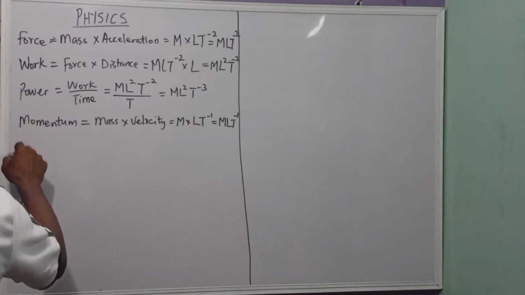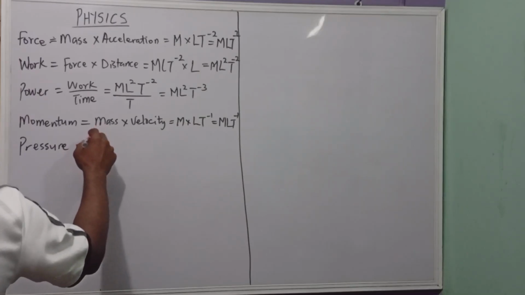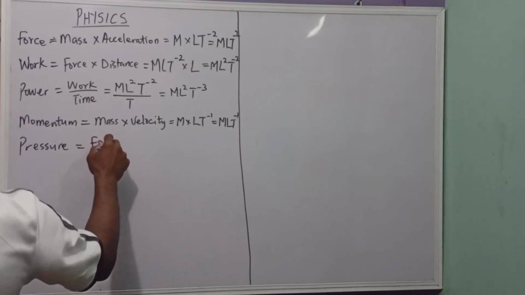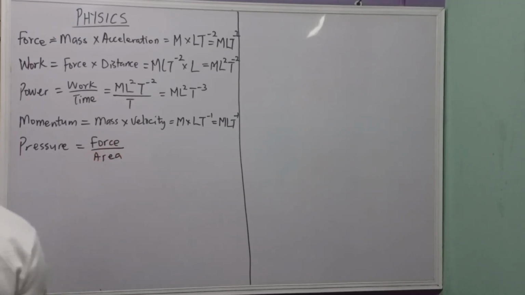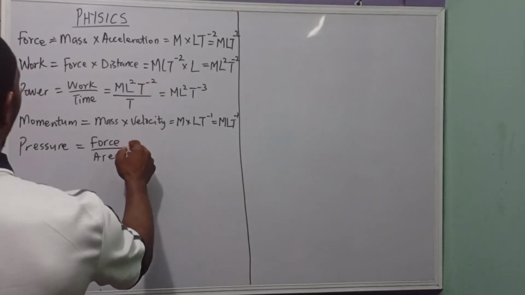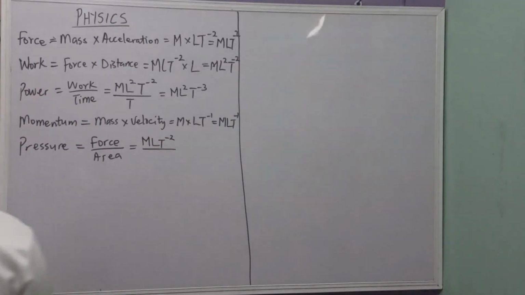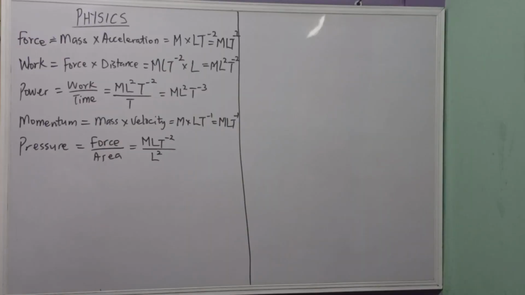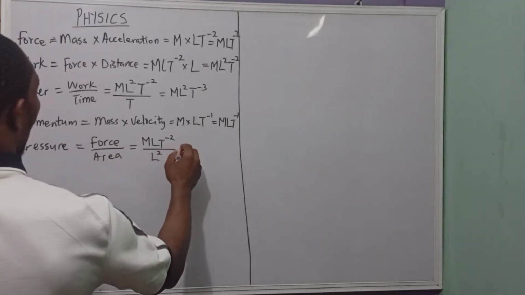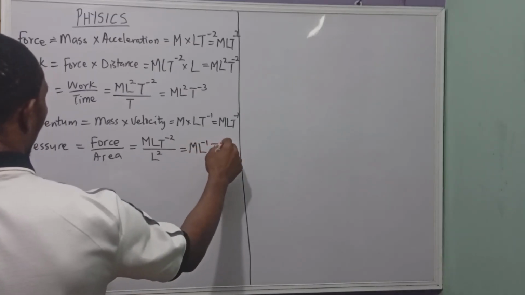Now pressure. We have it as force over area. That's pressure, force over area. And force, we've learned to be M L T raised to the power minus 2, all over area, which we have as L squared. Remember, our area is L squared. So this we have as M L raised to the power minus 1 T raised to the power minus 2.